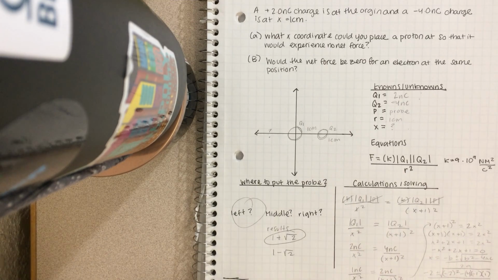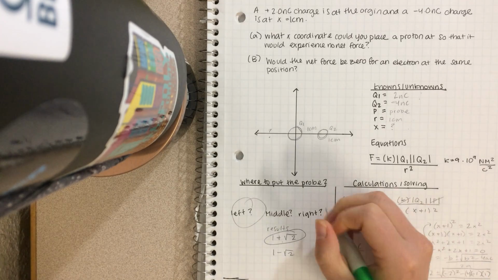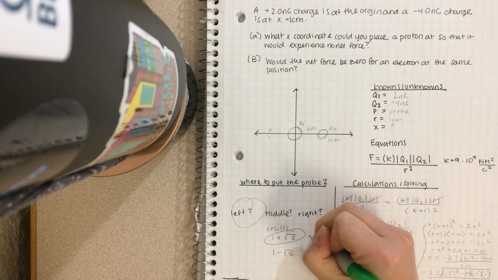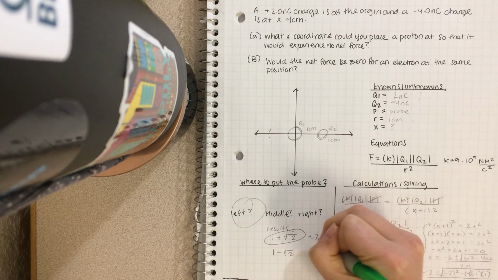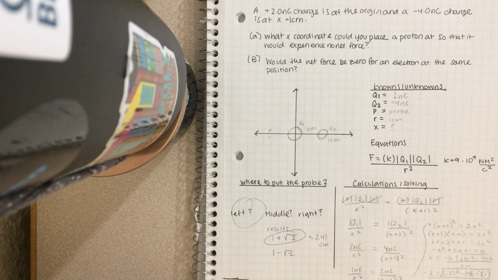This is the one that we can use. If you plug it into a calculator, you'll get about 2.41. And we're in centimeters because that's our unit of distance. Basically what this is saying is that because we're looking at this distance with respect to Q1, remember x and Q1 are linked here.